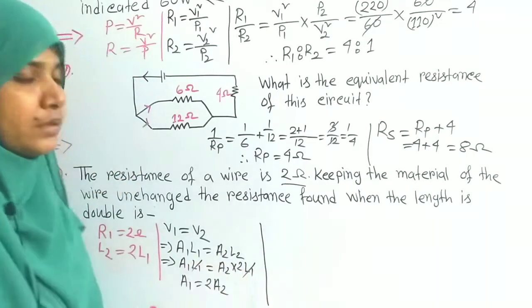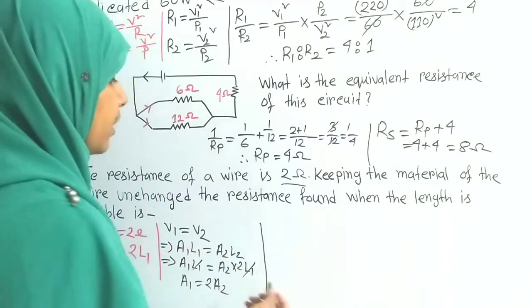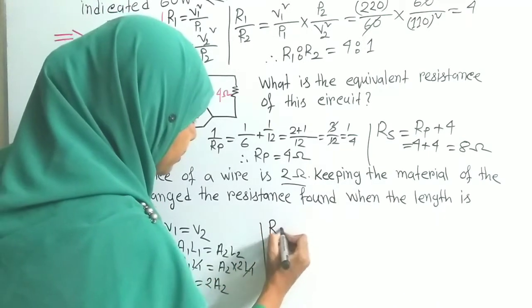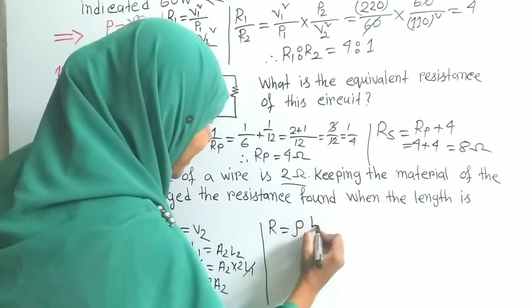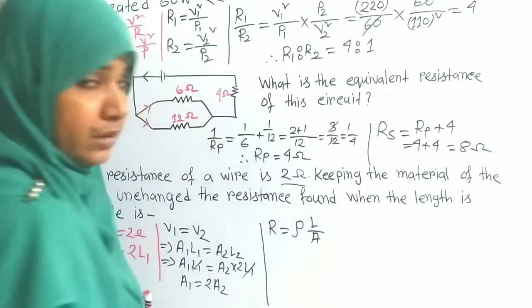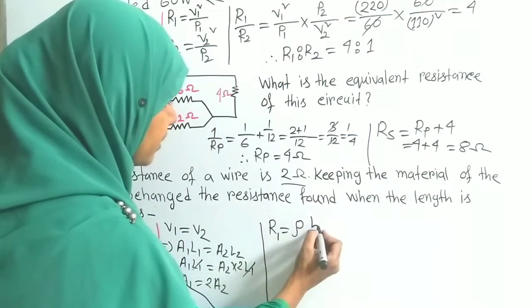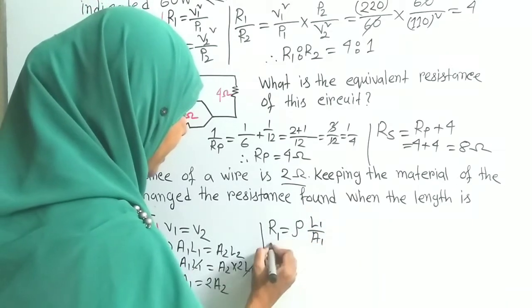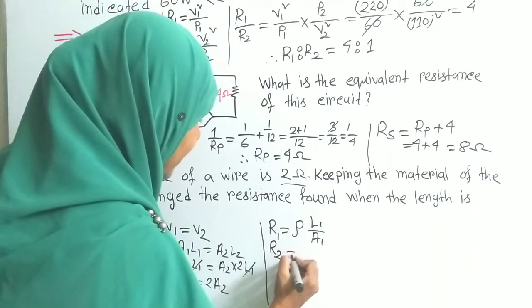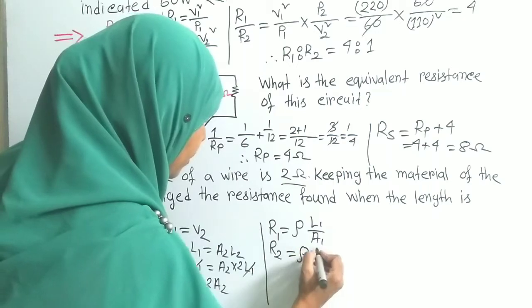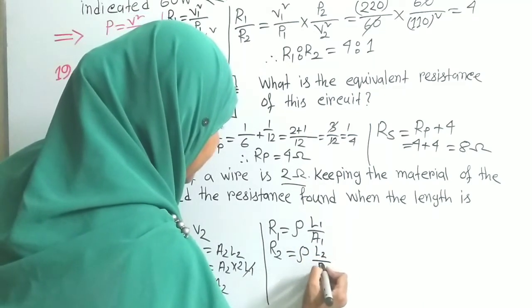Now students, we know that R is equal to rho L by A. So for first resistance, we can write that R1 is equal to rho L1 by A1, and for second condition, we can write R2 is equal to rho L2 by A2.